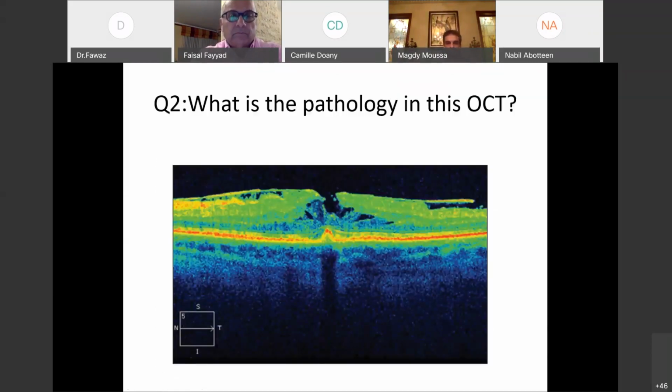So this is the second question. If you look at this OCT, how can you identify which kind of pathology is in this? We'll open the poll for the question, and please try to vote.